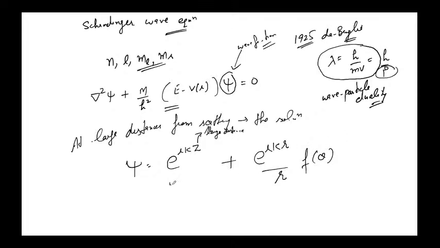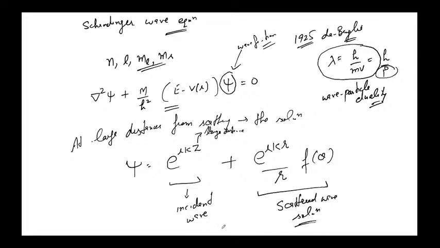The first portion represents the incident wave solution, and the second represents the scattered wave solution. We will solve these two wave solutions separately, and from that we can find the value of this important parameter known as f theta, generally known as the scattering amplitude.